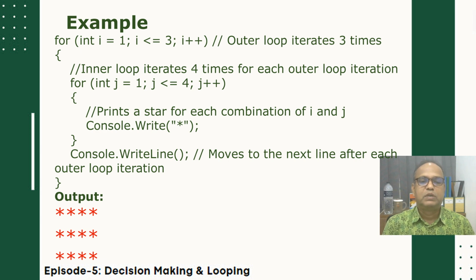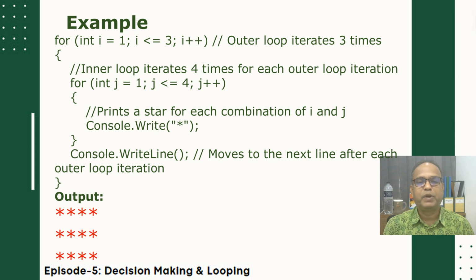They are often used for multi-dimensional arrays, for example processing rows and columns, nested data structures, for example traversing trees or graphs, generating patterns or sequences, and solving problems that involve nested iterations. Be cautious of potential performance implications with deeply nested loops.